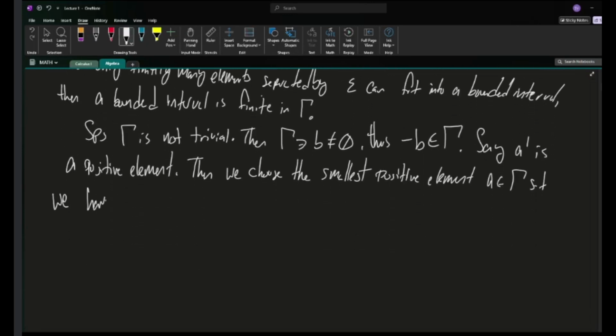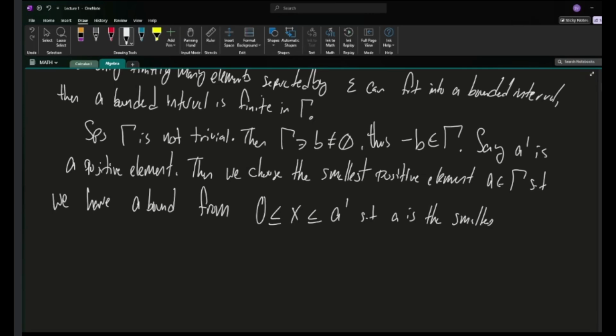We have a bound from 0 to x, where x is between 0 and a prime, such that a is the smallest element.